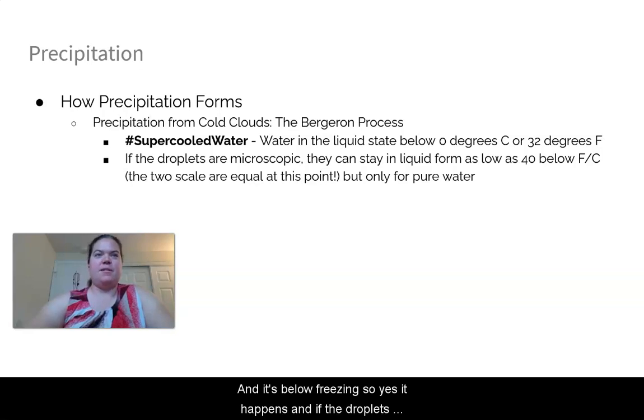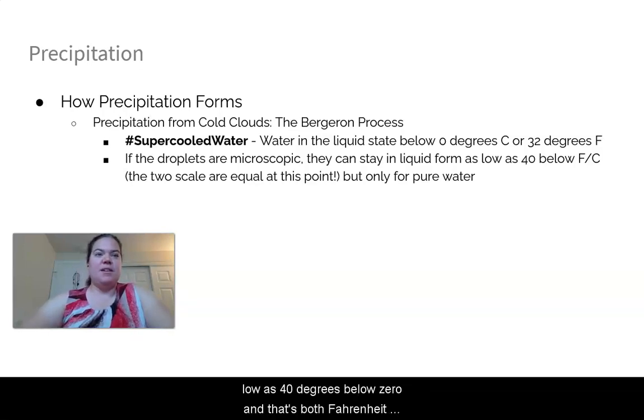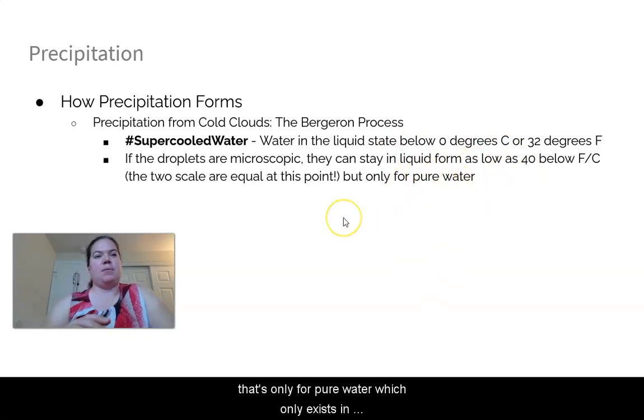So yes, it happens. And if the droplets are microscopic, they can actually stay in liquid form as low as 40 degrees below zero. And that's both Fahrenheit and Celsius because the two are equal at this point. But that's only for pure water, which only exists in laboratory conditions, which we know is not the atmosphere.